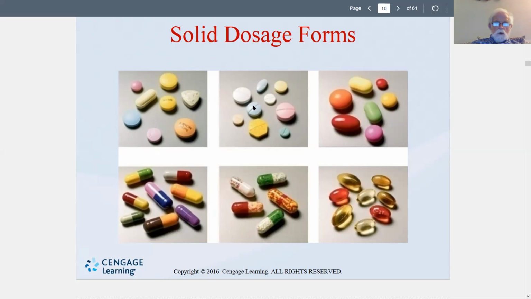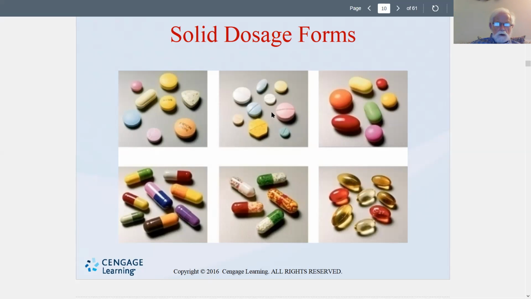We can have scored tablets designed to be cut into pieces. They can be scored into multiple pieces, thirds, fourths, eighths, etc. Most things are not past fourths, so that we don't have to do that. But you'll notice that some of them have writing on them. Others have embossed lettering as well.